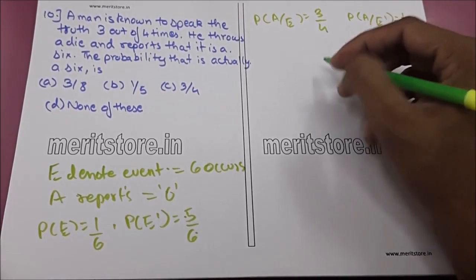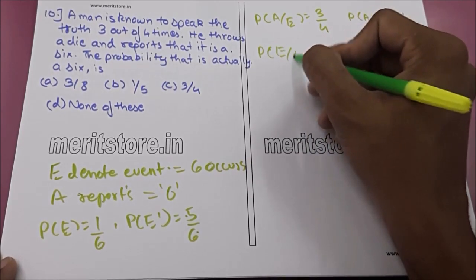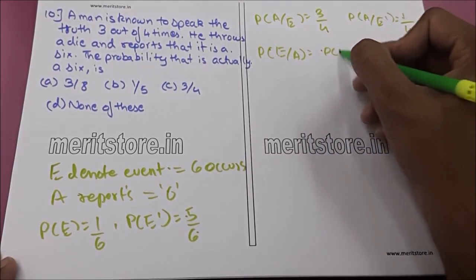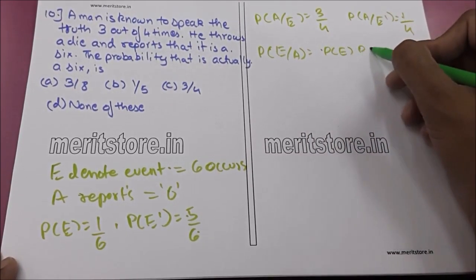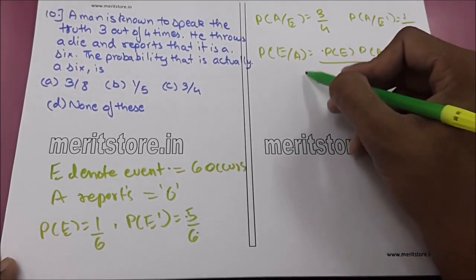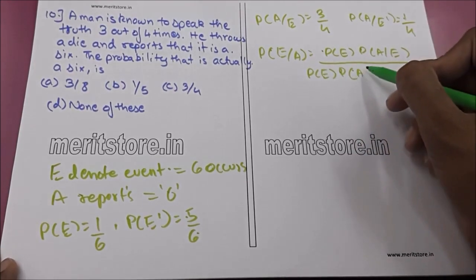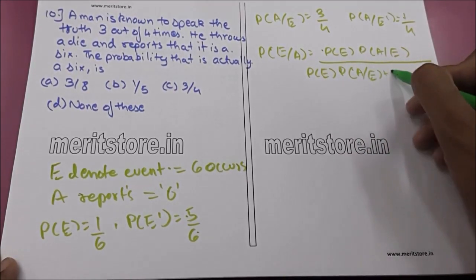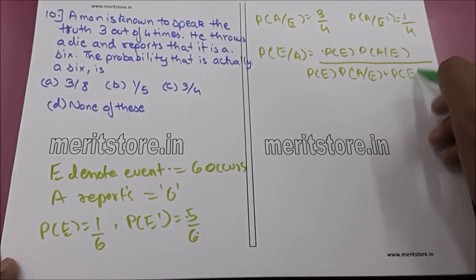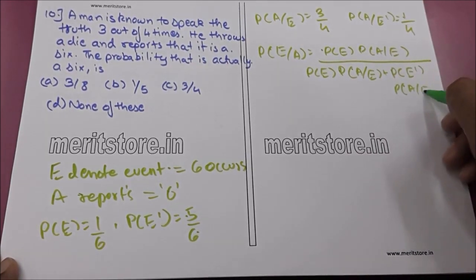From Bayes' theorem, we have P(E given A) is equal to P(E) P(A given E) upon P(E) P(A given E) plus P(E complement) P(A given E complement).